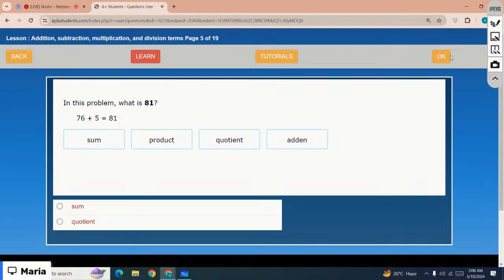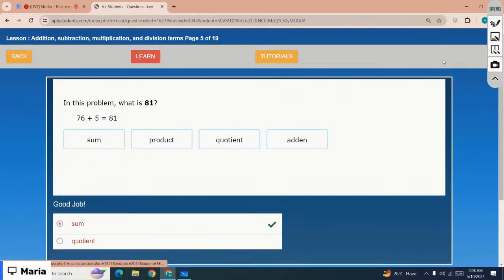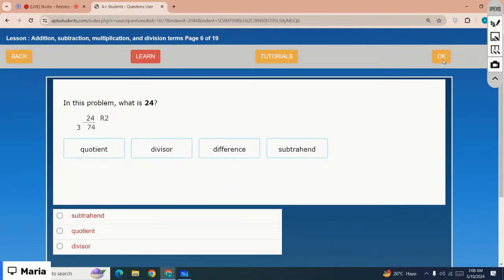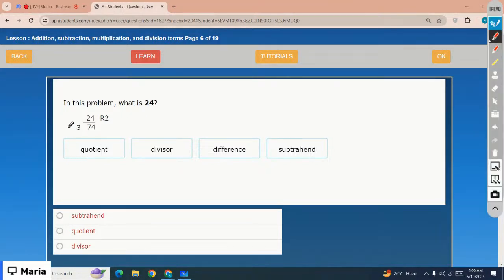In this problem, what is 81? Yes, 81 is the sum. In this problem, what is 24? That is, you are dividing 74 by 3. You have to see what is the 24.